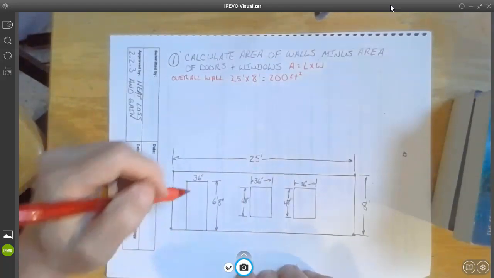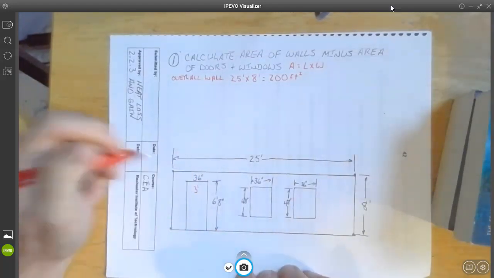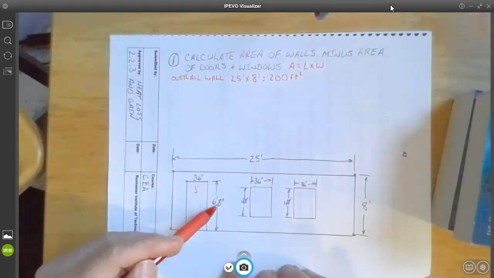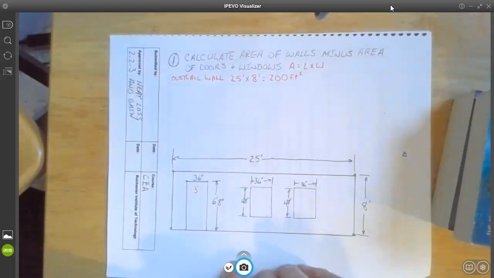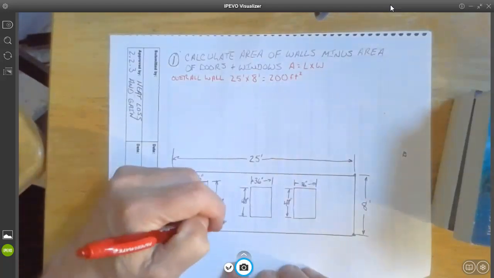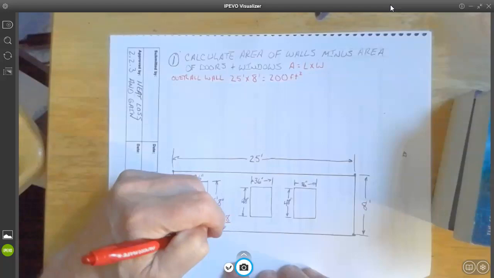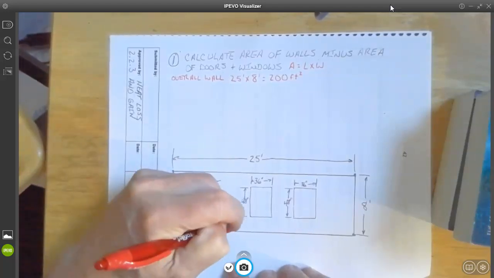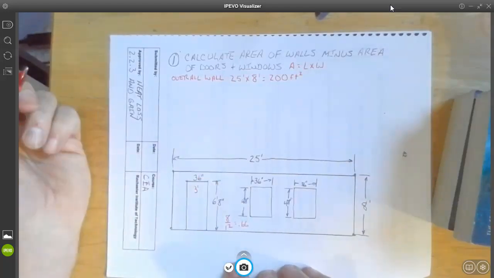So 36 inches, we know that is 3 feet. But we don't know what 8 inches is in feet. So we're going to take 8 and divide that by 12, and you're going to get 0.66.